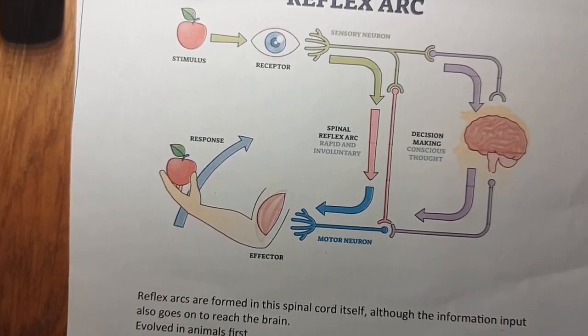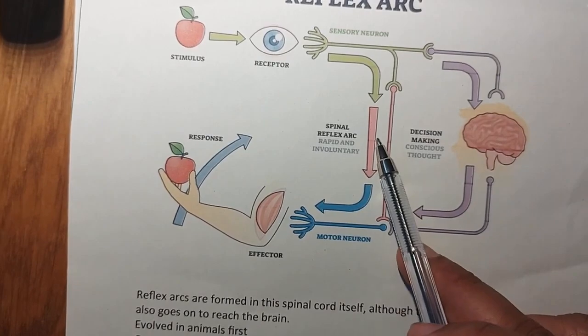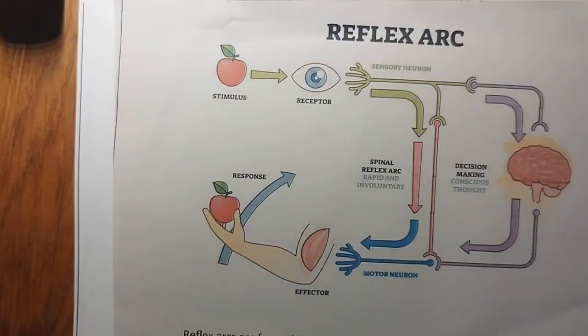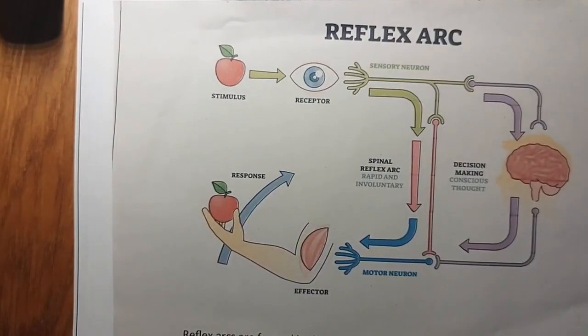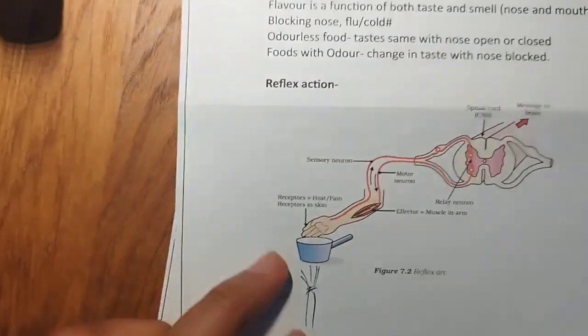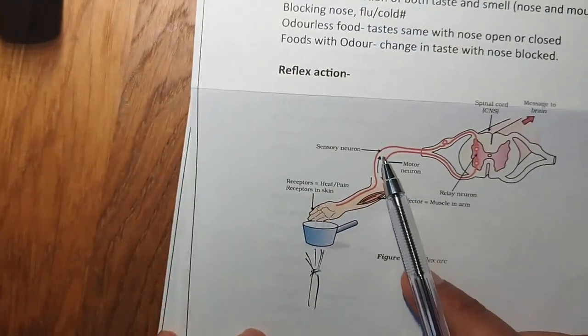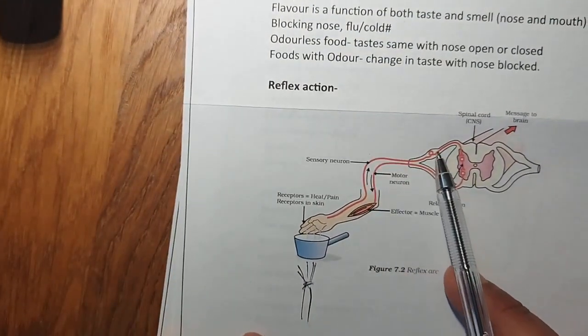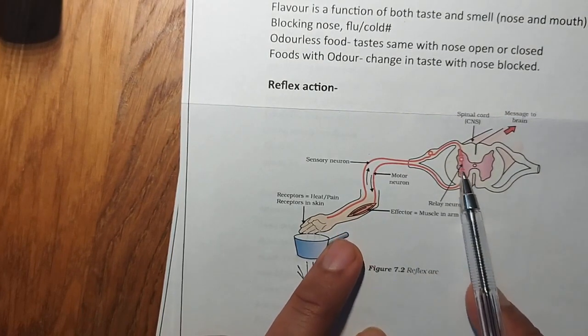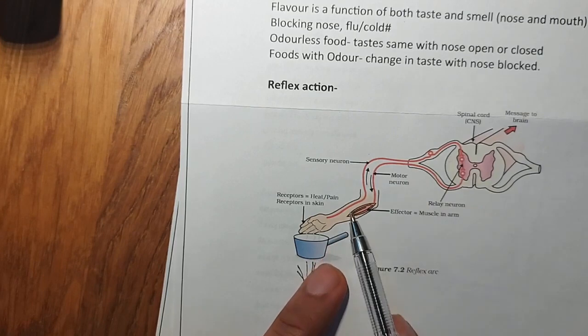Okay, and why is this shortcut there? Because this is the easiest place for the nerve to order the motor neurons. So if the sensory information is coming to the spinal cord, this is the easiest route for them to act.